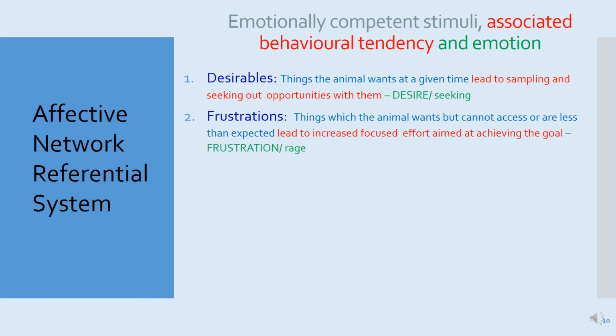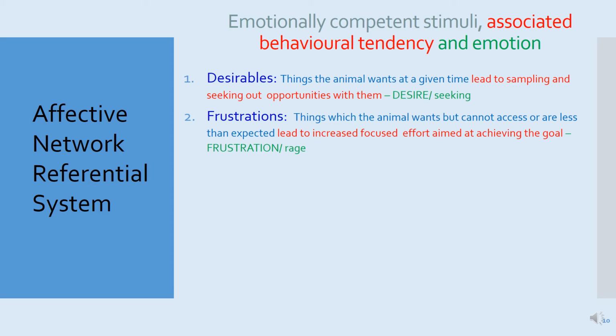Secondly, we have frustrations in the environment. These are things that the animals want but cannot access, or get less than expected. In fact, anything that limits the autonomy of an individual can be described as a frustration. So there has to be something that the animal wants, or some limit to the animal's autonomy, for frustration to occur. This leads to increased focused effort aimed at achieving the goal. Whereas when an animal is in a desire state, its behaviour is focused more on sampling.